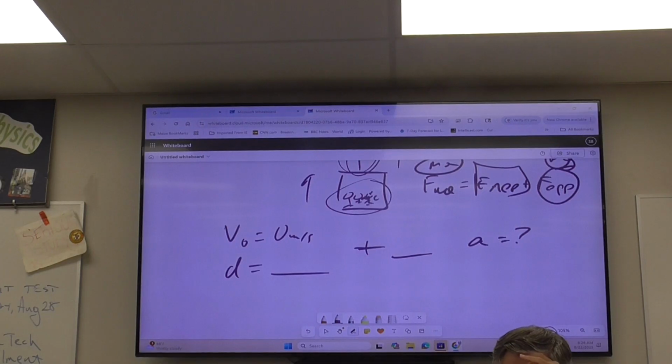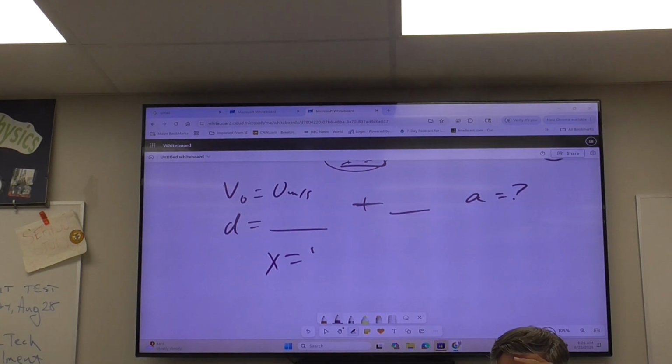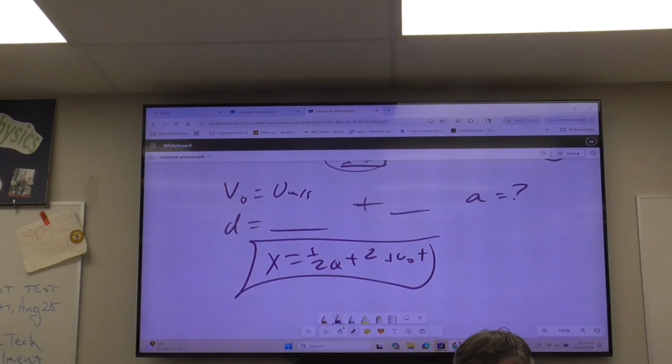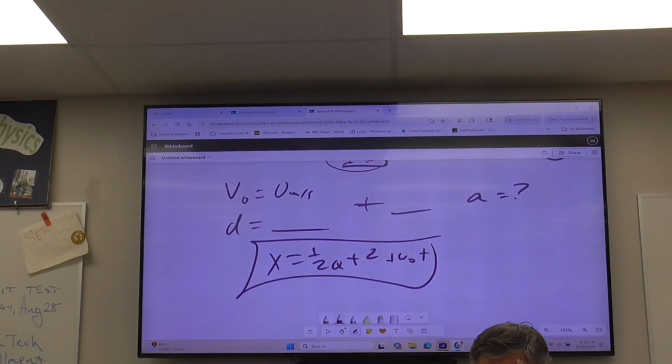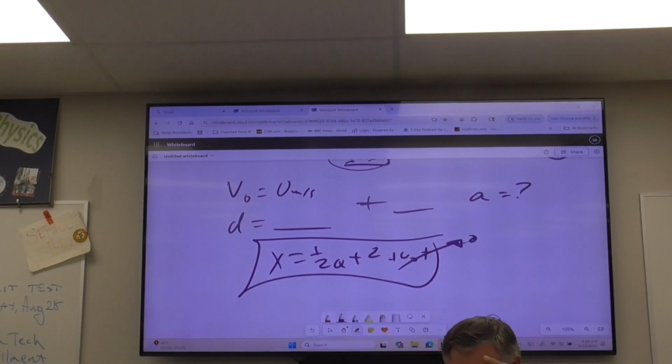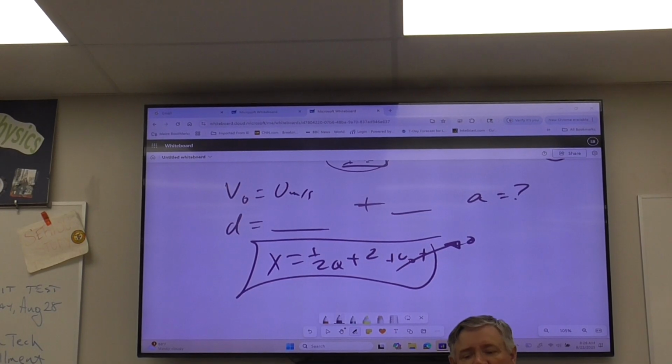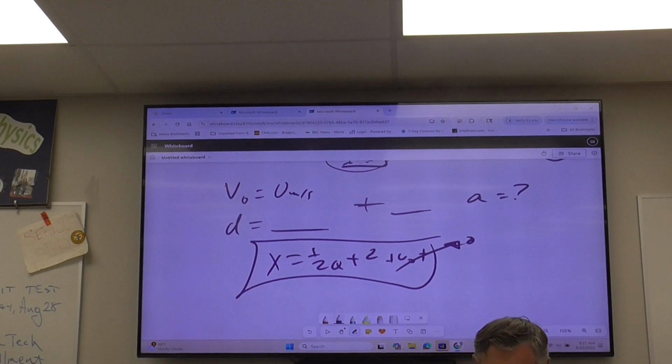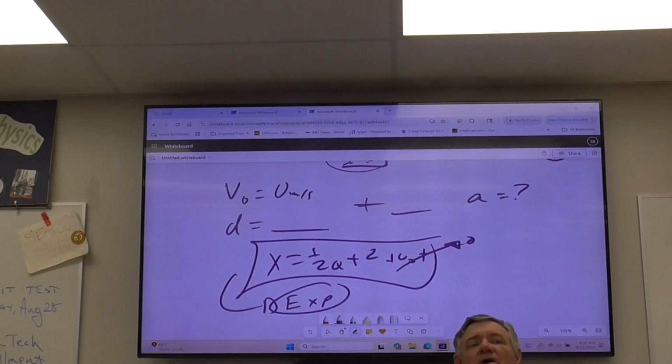X equals 1/2 at squared. See, you're clever. What did you let the initial velocity equal? 0. So this is going to get you the experimental acceleration.